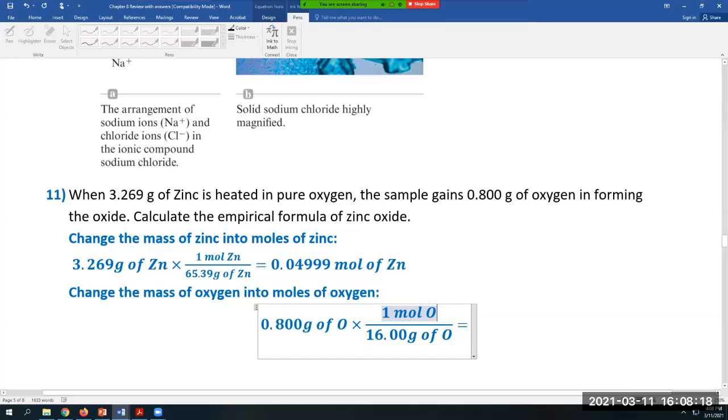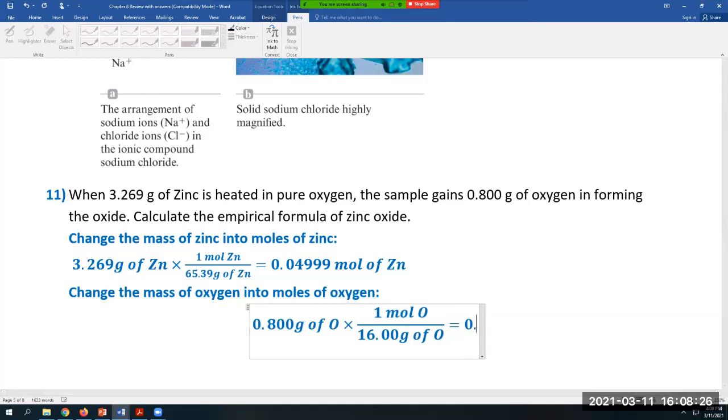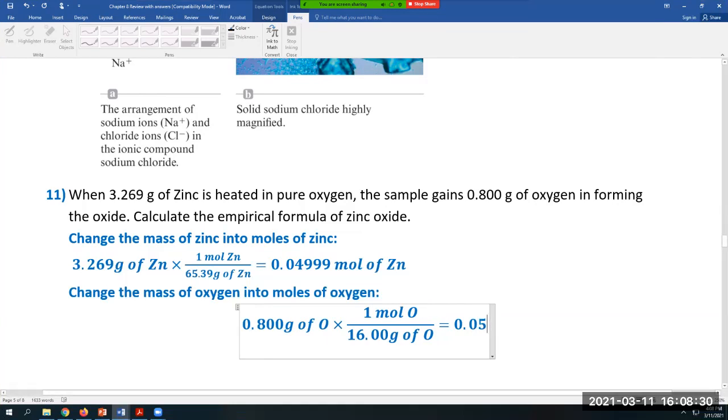So in the calculator, you do 0.800 divided by 16.00, and that's 0.05. So that's the calculator answer. The 1 mole is exact. 16.00 grams of oxygen is 4 sig figs. And here in the mass of oxygen, we have only 3 sig figs. So let's keep 3 sig figs.